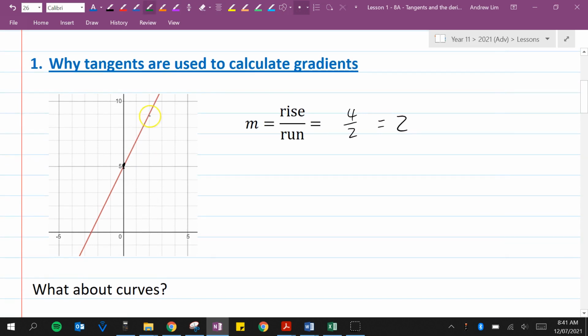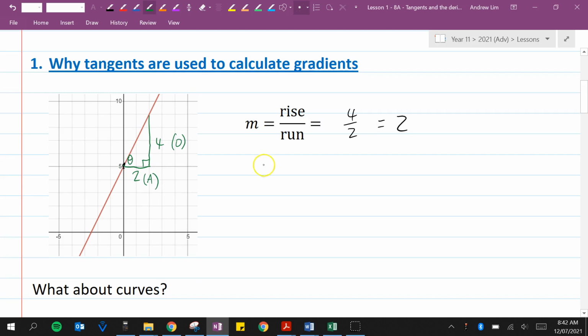One thing that you need to know is, when I did my rise over run over here, the reason why we use tangents is because if we have theta here, the angle, rise is opposite to the angle and run is adjacent.